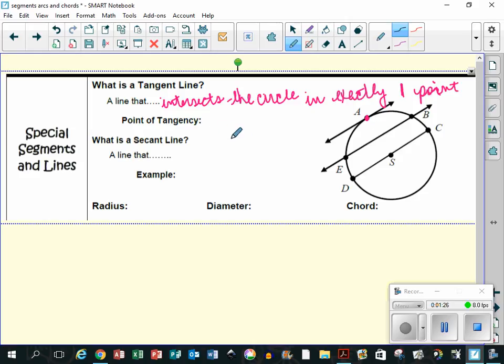The point of tangency is the point where the line, or the tangent line, touches the circle.